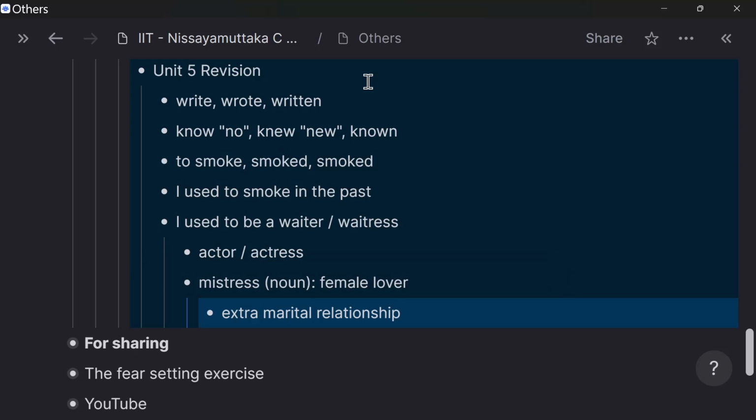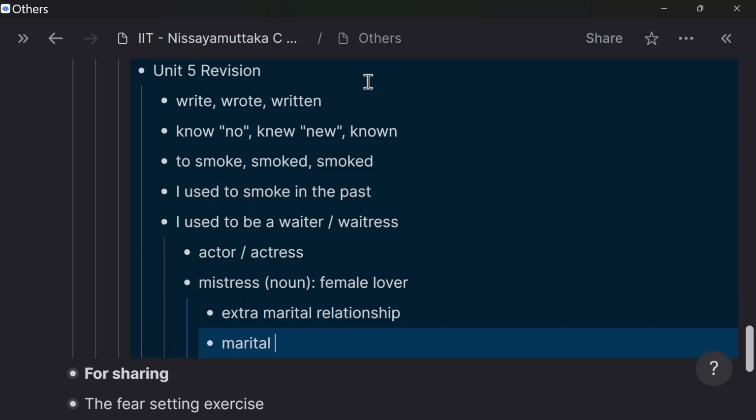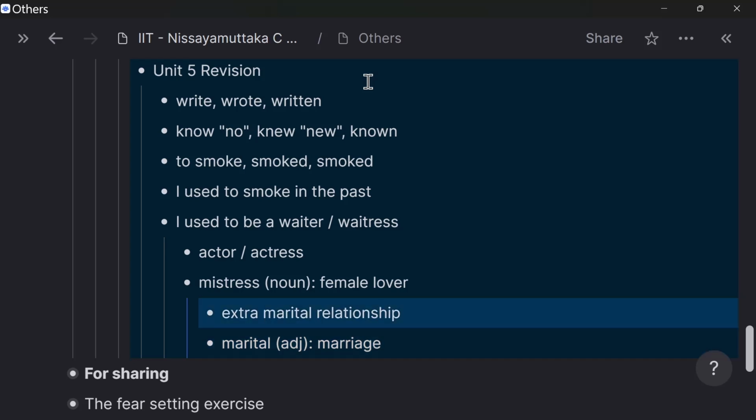Marital is the adjective related to the word marriage. So this is extramarital. This means outside of your marriage. Do you understand? Yes. Extramarital. So extra means like outside or beyond.